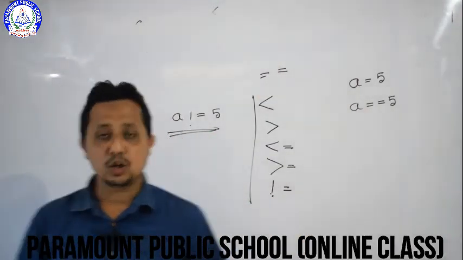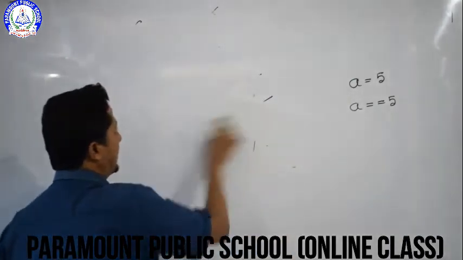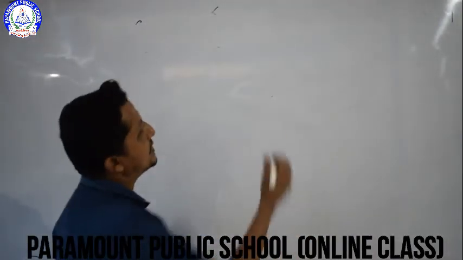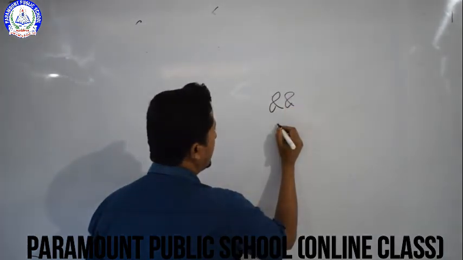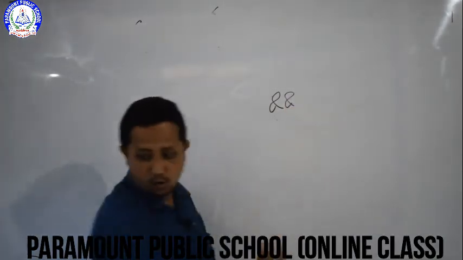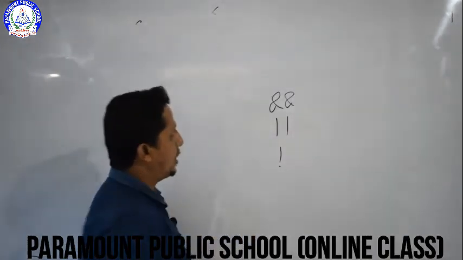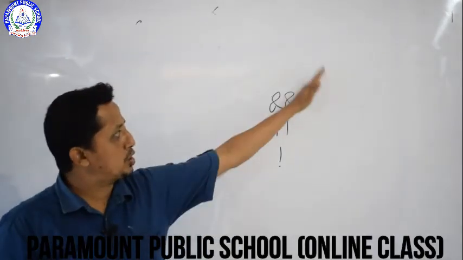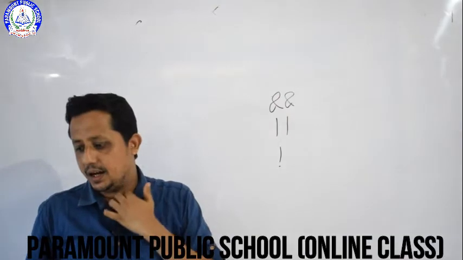Now we have the logical operators. Basically there are 3 types of logical operators, not only in JavaScript, but in all programming languages. They are and, or, and not. And means both conditions should be true.